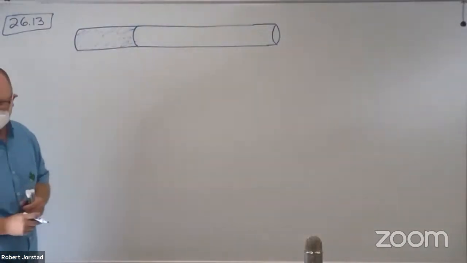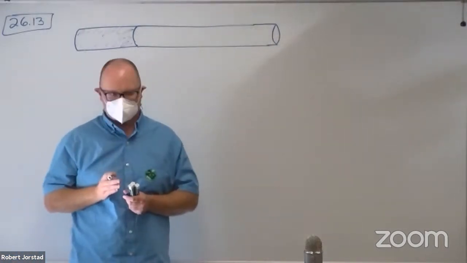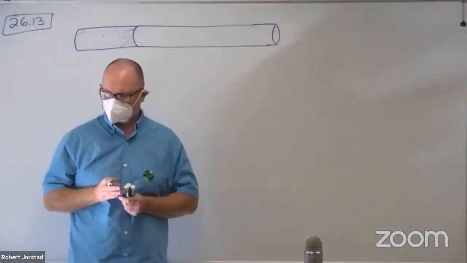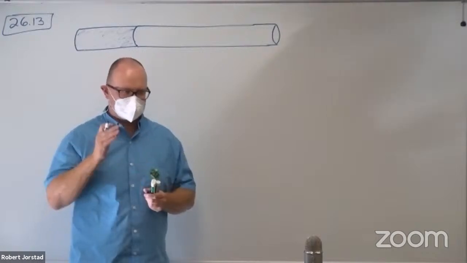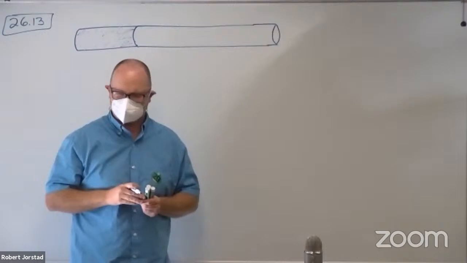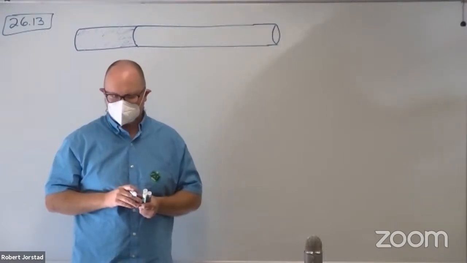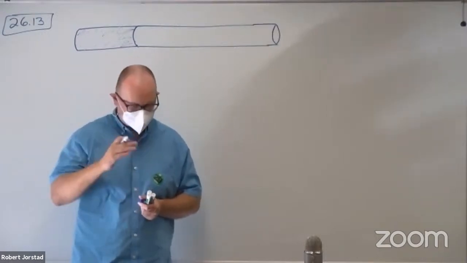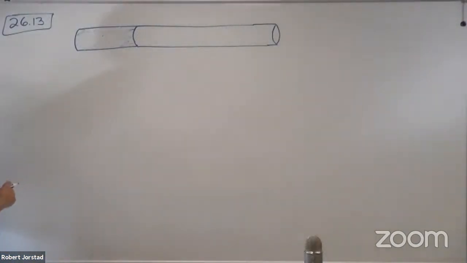Side note. What is the largest number of cigarettes you can have in a pile such that each cigarette touches all other cigarettes? You understand the question? Yes. Work on that for next time. All right? It's an interesting answer.